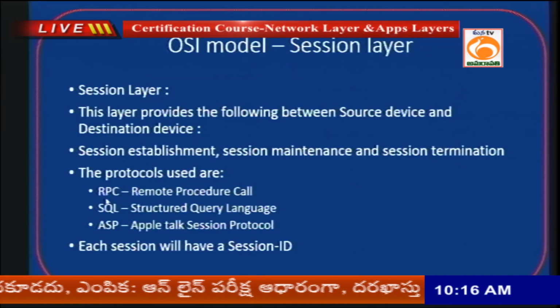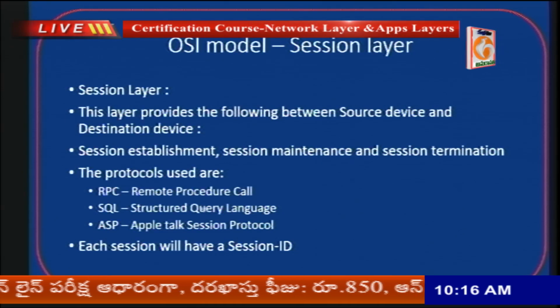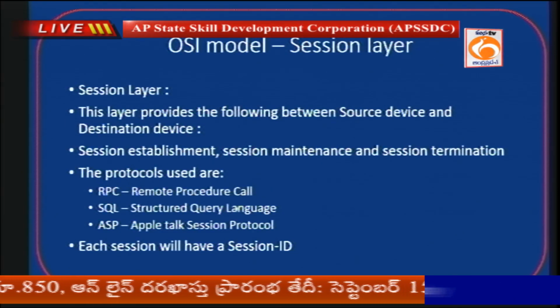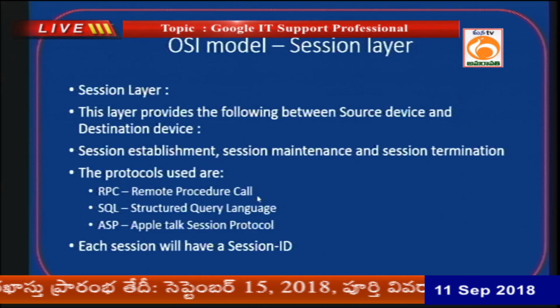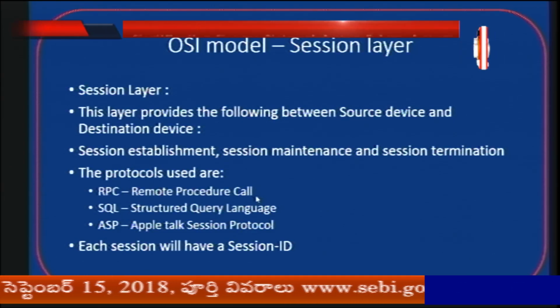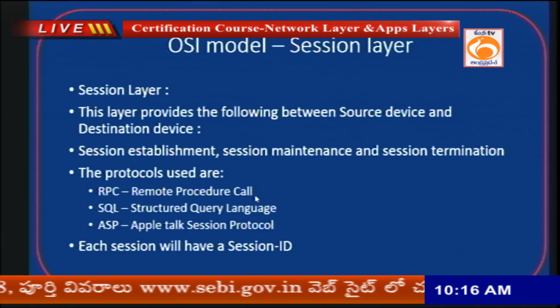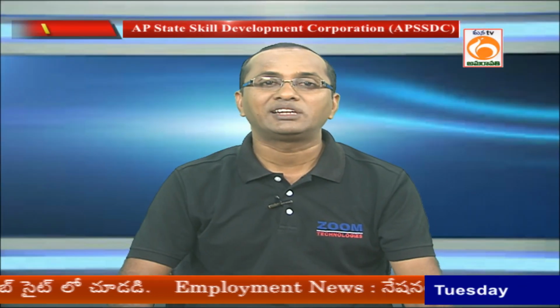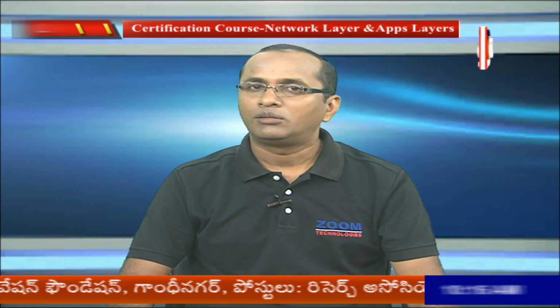And to achieve these functions, we have protocols like RPC, remote procedure calls, which is available in every network operating system, whether it is Windows 7, Windows 8, Windows 10, Windows Server, or other operating systems like Linux, various flavors of Unix, including smartphone operating systems like Android, Apple and BlackBerry.